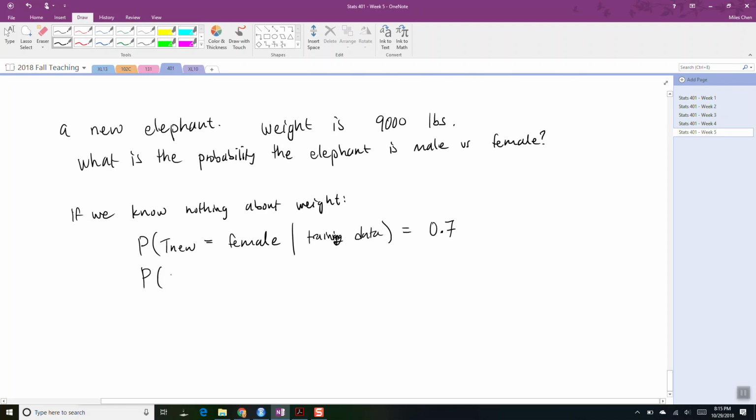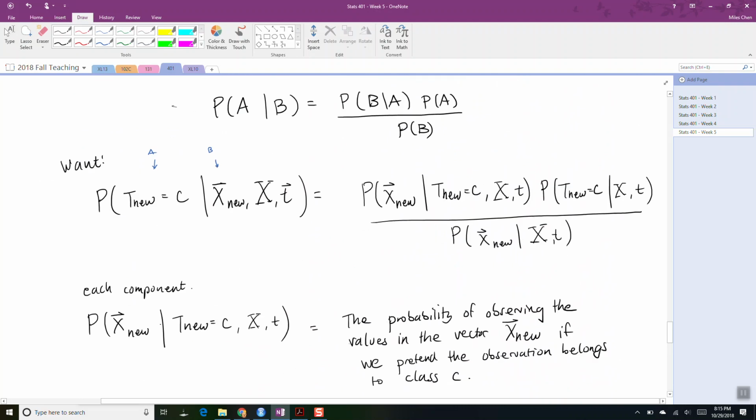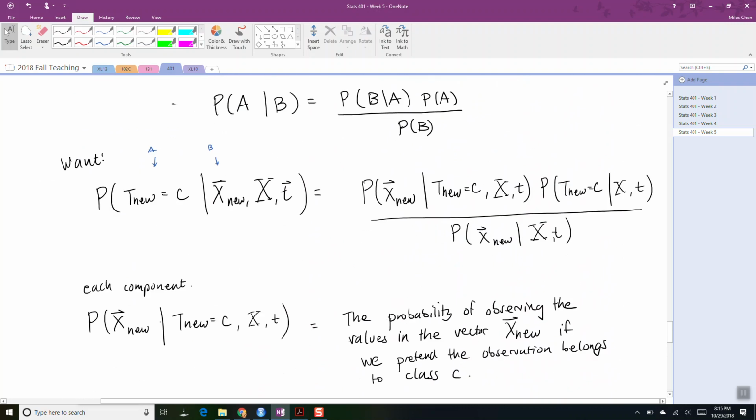And thus the probability of T nu being male, given our data, is going to be 0.3. Okay, so that's one part of our numerator. Part of our numerator is this T nu equal to a class given our data.